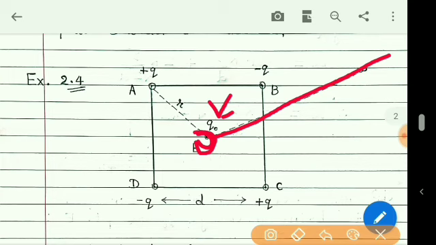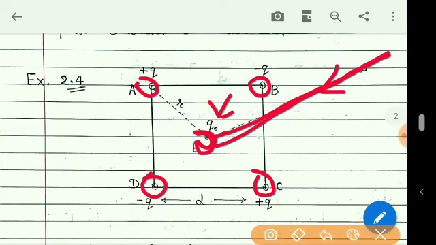So we know that to bring this charge from infinity towards the center, we need to do some extra work, because already the work is done to set up these charge particles, and again if we are bringing this charge at the center, then an extra work is required.